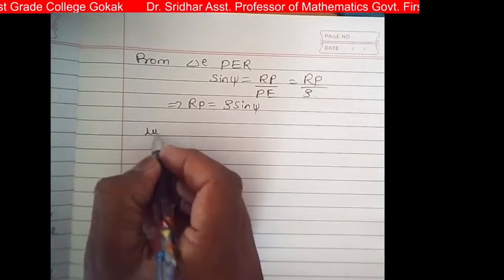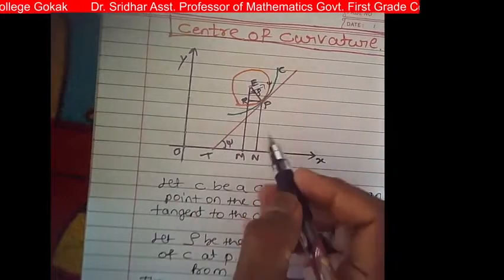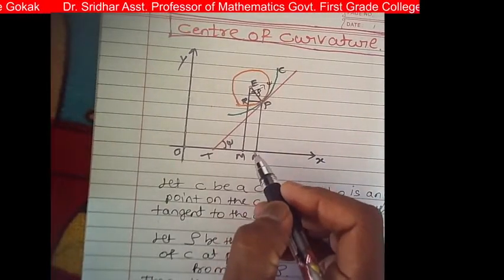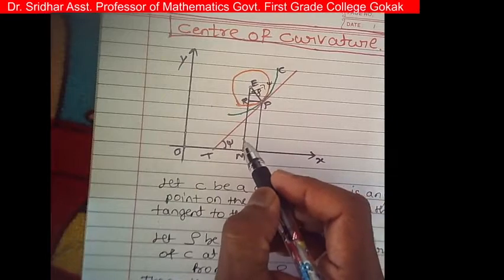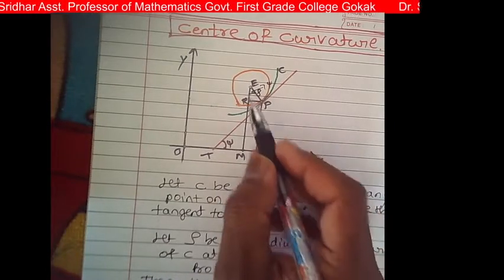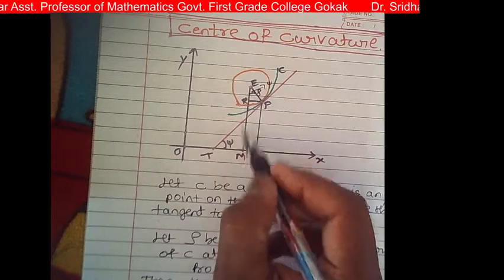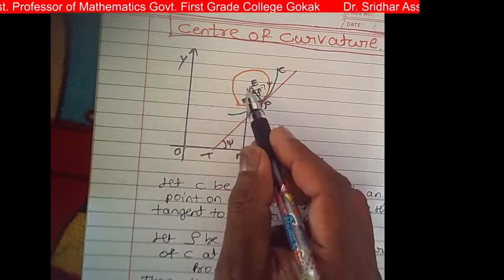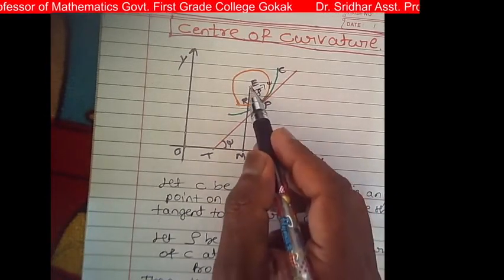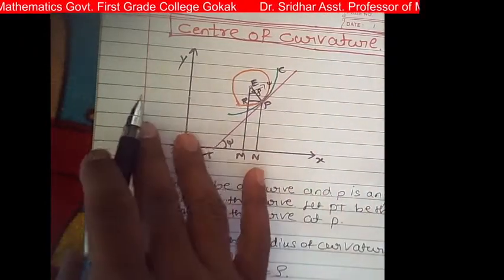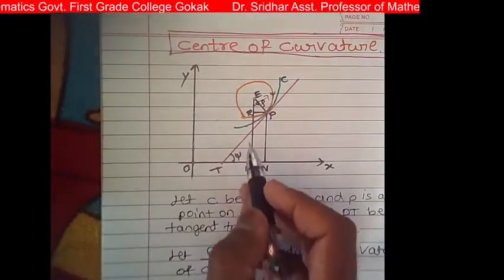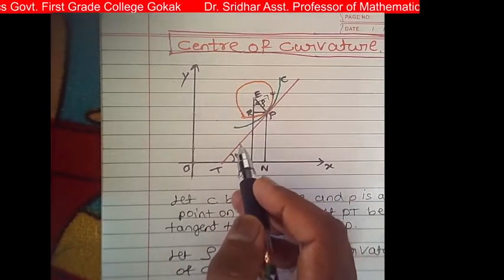Similarly, from this figure, y bar is nothing but ME. ME is parallel to the y-axis, so any point on the y-axis we take as y bar.